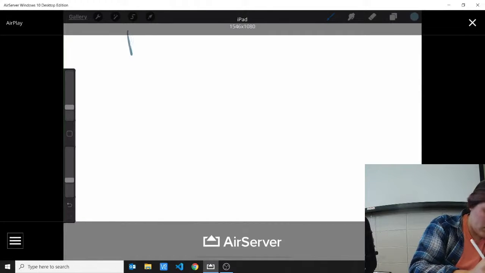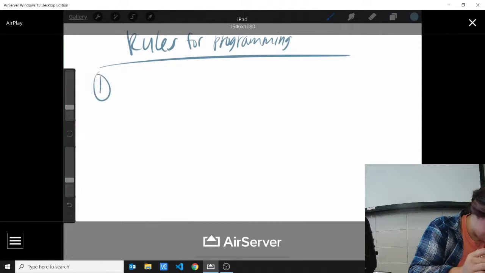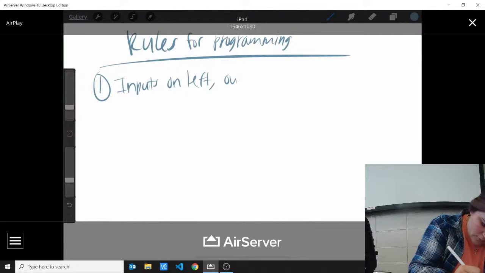So let me write down the rules for programming. Rule number 1, inputs on left, outputs on right.